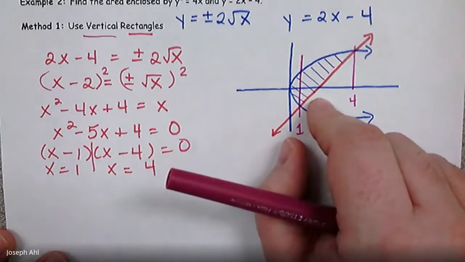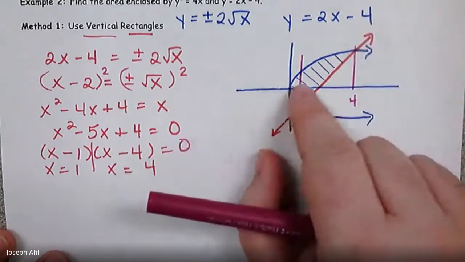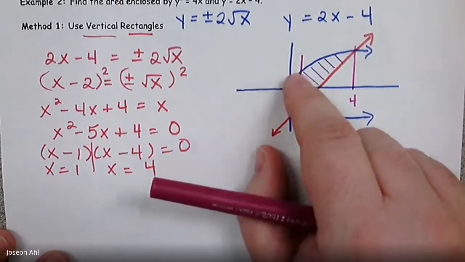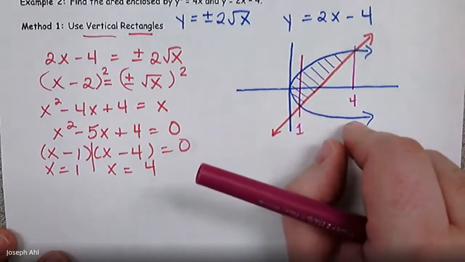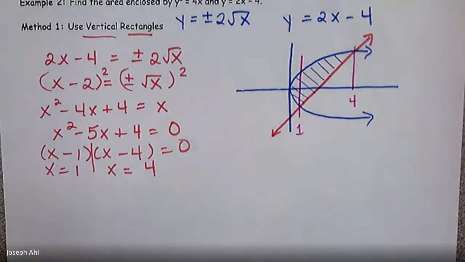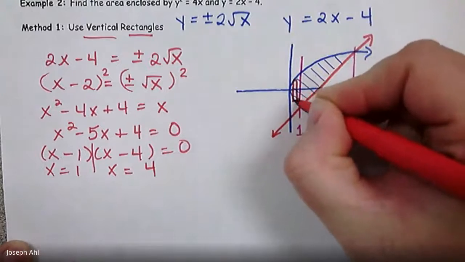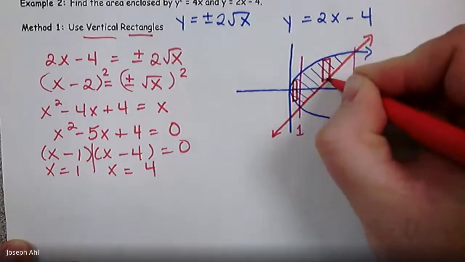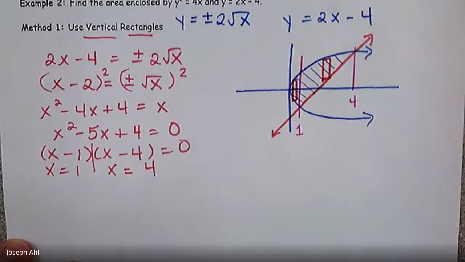But we have to be a little bit cautious, because the initial area from 0 to 1, this shaded region, is the top of the radical minus the bottom of the radical. So if you're going to use vertical rectangles to represent your heights, which functions we're subtracting to get those heights is different from one region to the other.